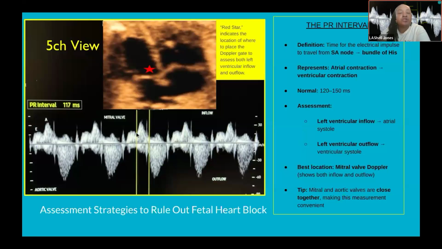We place it in between the E and the A wave, which is here. A second caliper is placed at the onset of the aortic flow. You hit set and you'll get your reading of 117 milliseconds for this particular one. Normal is less than 150. Okay, and that's how you'll assess for PR interval in cases of heart block.